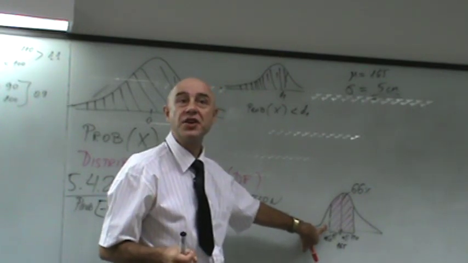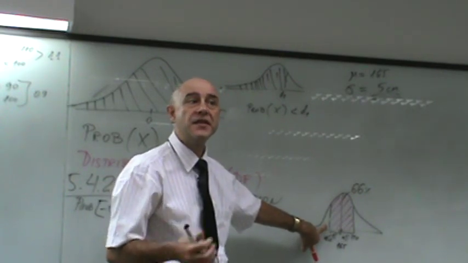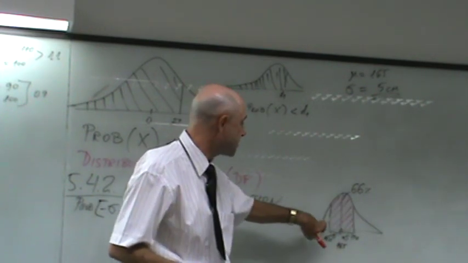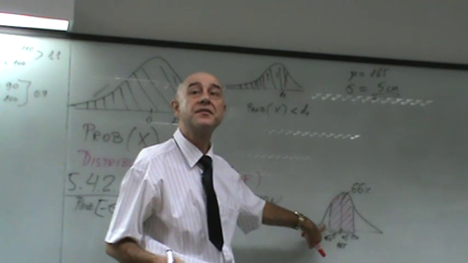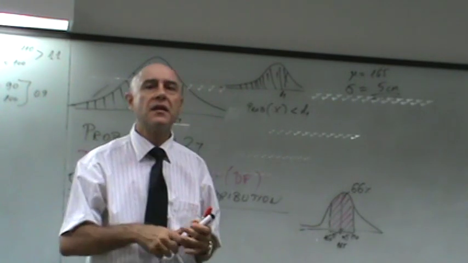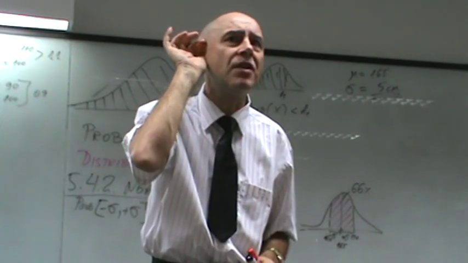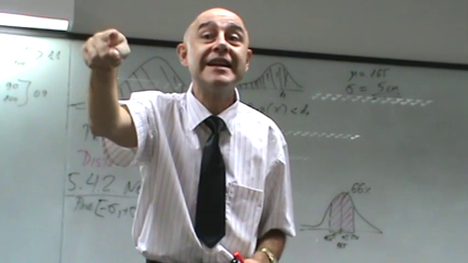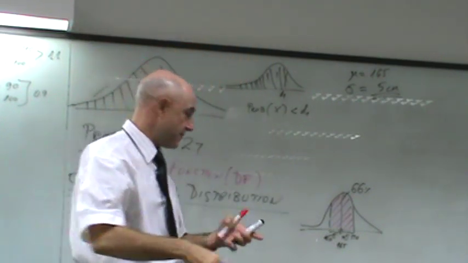What is the chance here? If this in the middle is 66%, what's the chance on the left? I want to hear one number. What's the percentage? 17. Okay, 17.